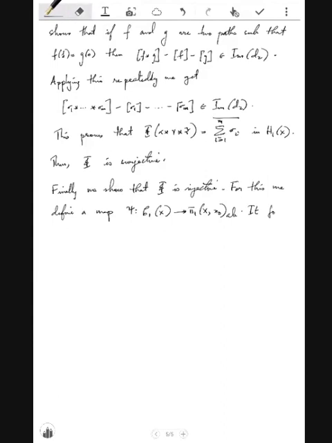It suffices to define this map on the generators.